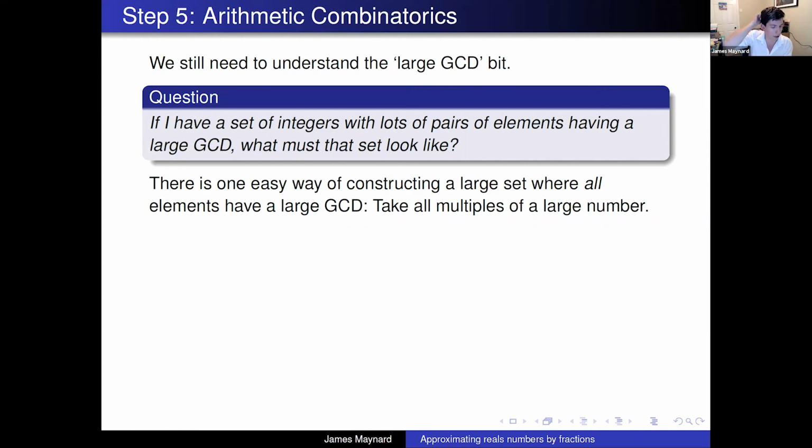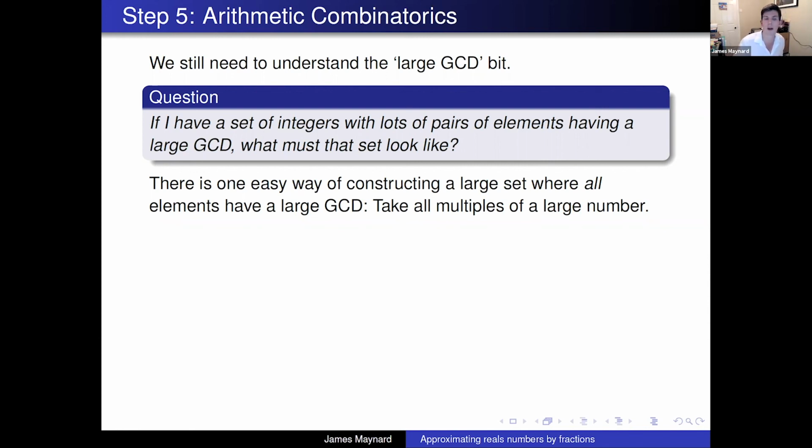And there's one way to construct a large set of numbers where, in fact, all pairs have a large common divisor, and that's just to take all multiples of some fixed large number, because then that fixed large number will be a common divisor of all numbers. And maybe the key part of my work with Dimitris on the Duffin-Schaeffer conjecture was to show, in some technical sense, this is the only way you can have a large set of numbers where a large number of the pairs have a large GCD.